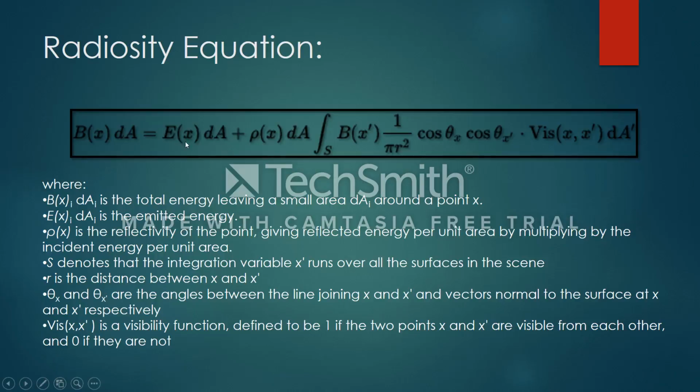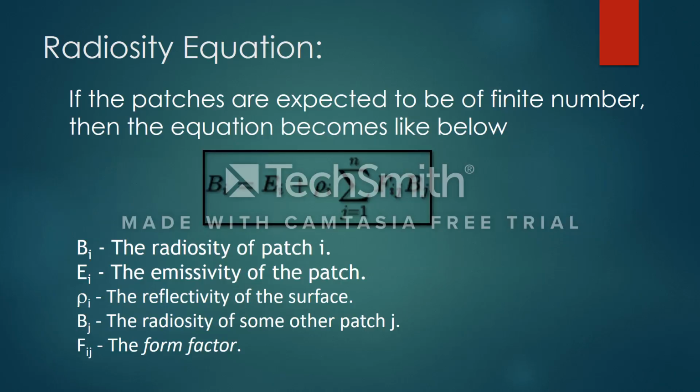As seen in this, the radiosity equation is B(x) dA equal to this, and where the total radiosity is, as I told, the total energy leaving a small area. So we integrate this with area so that we will get this for the whole area. Let's see this one.